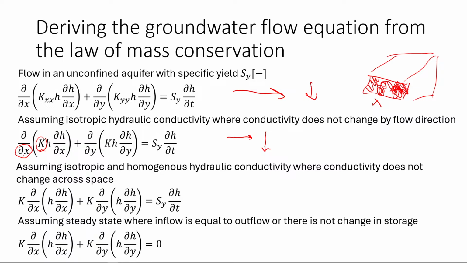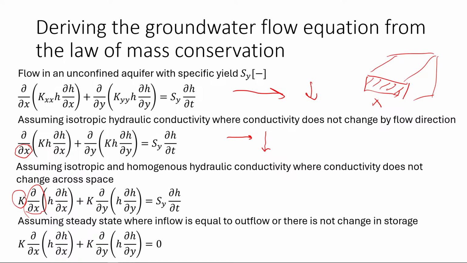And that's why I have this k inside this derivative. Yeah, so I have the k inside. But if k is constant across all x, this parameter across all x is the same, then I can just take it out of this derivative.